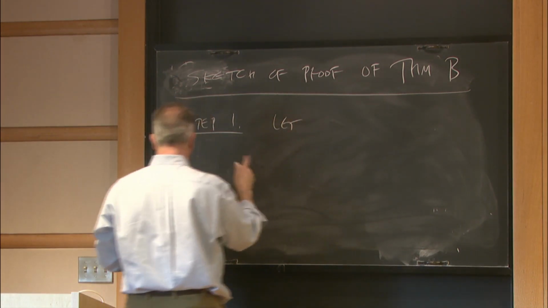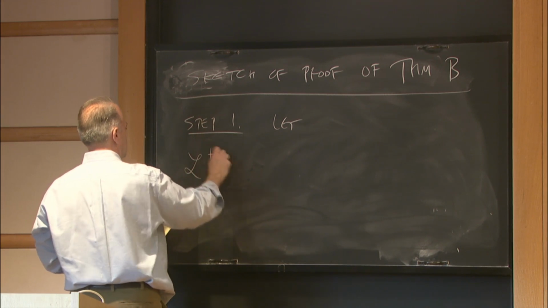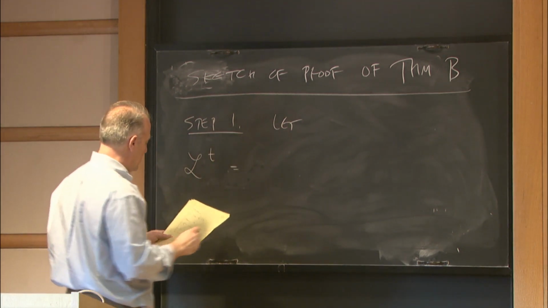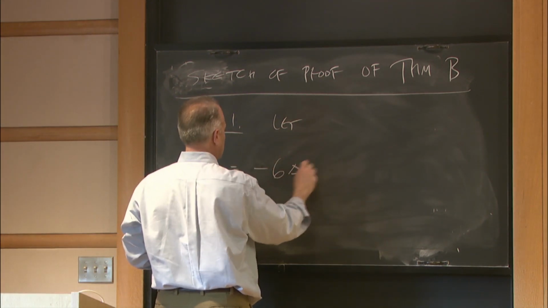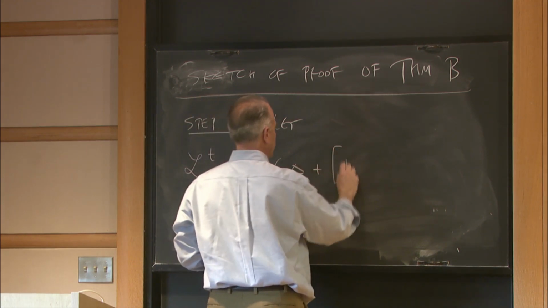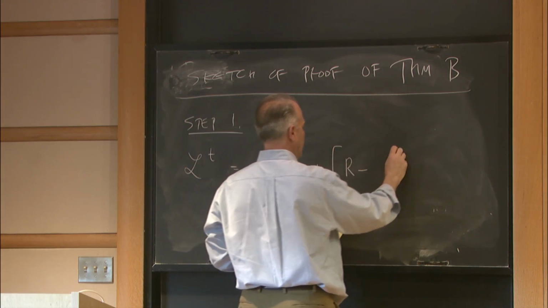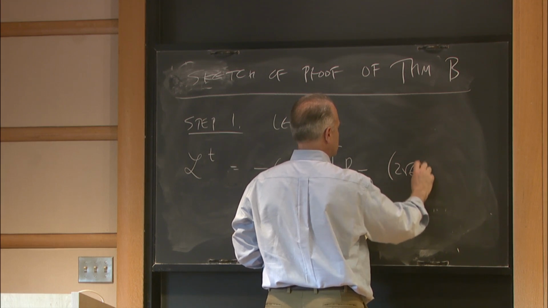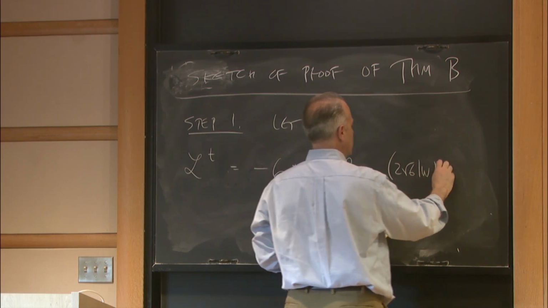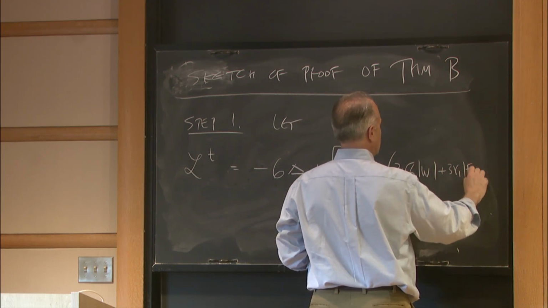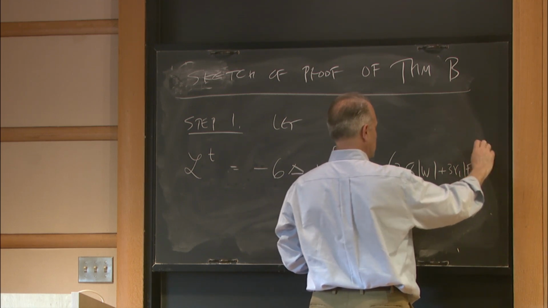So now I want to tweak the curvature a little bit. Remember the operator we looked at was some modification of the scalar curvature, and I had 2 root 6 W plus here, and then 3 gamma 1, norm of the curvature there.